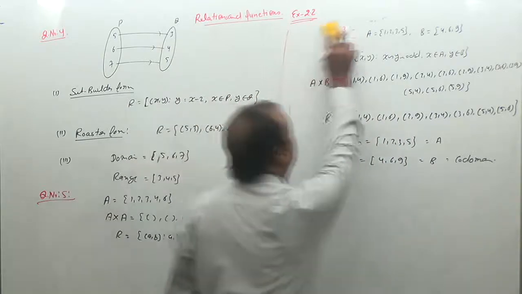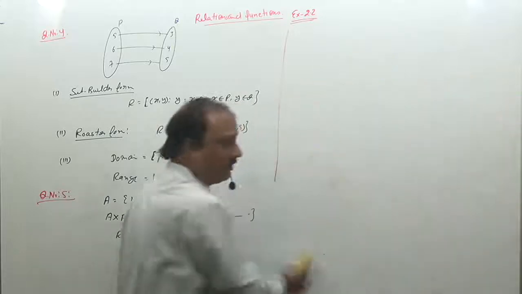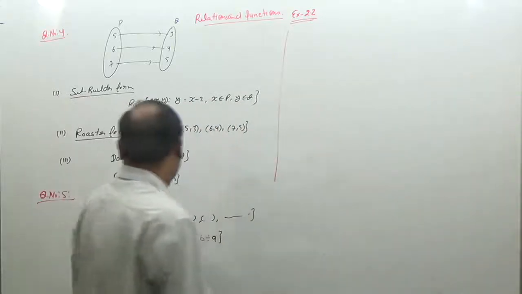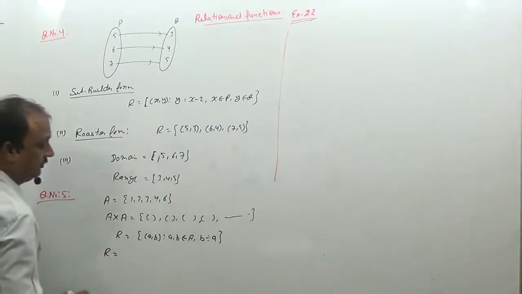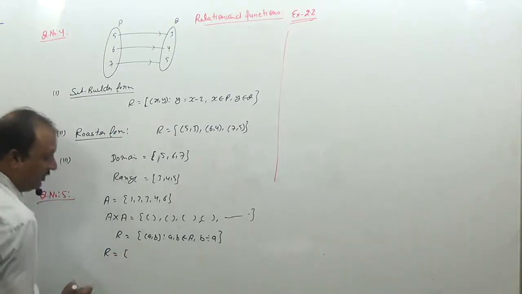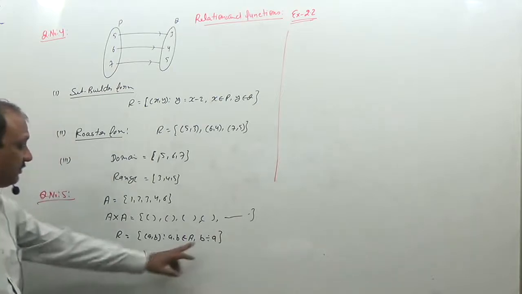So in this case, first we form the relation in roster form. So here we take R in roster form. R is equal to, first ordered pair will be 1 1 because it follows this condition.